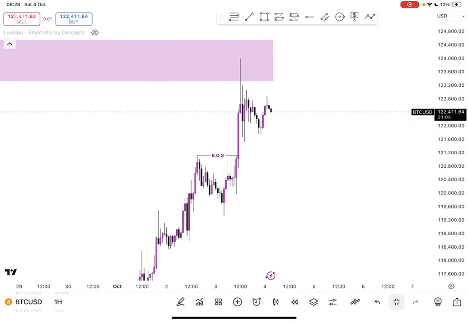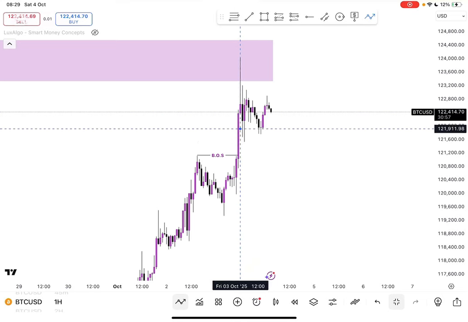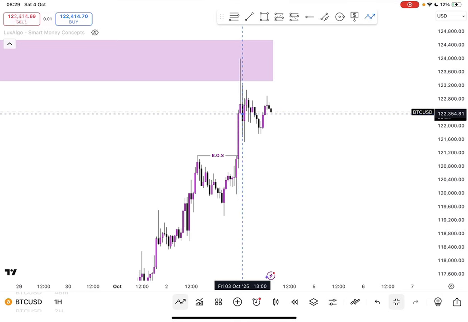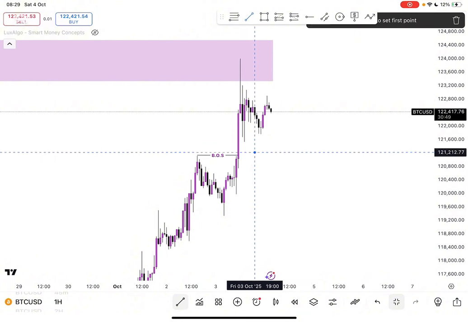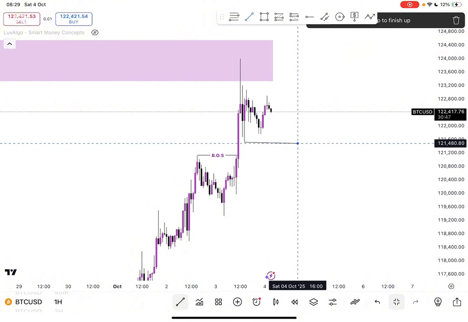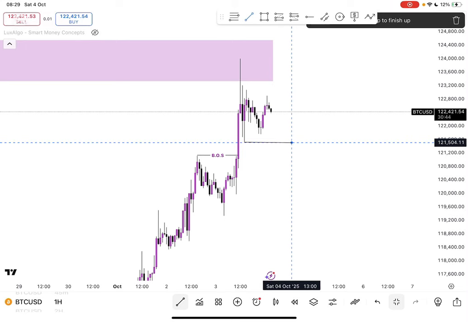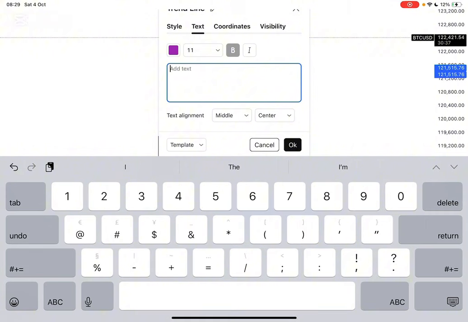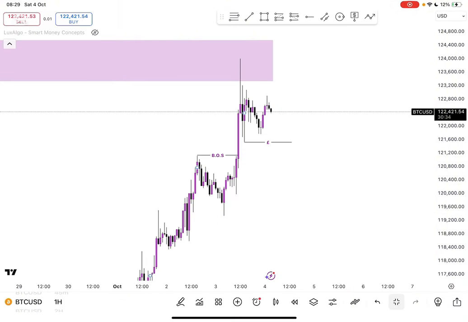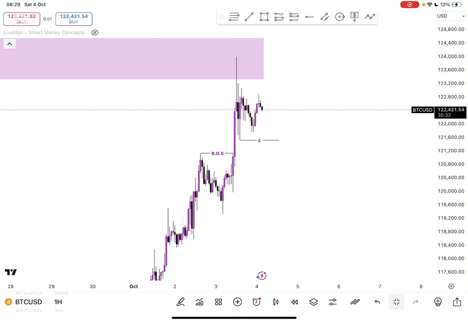And if you look after this break of structure occurred, there's a very big fair value gap here. After the fair value gap, we have this liquidity here. That's the liquidity.